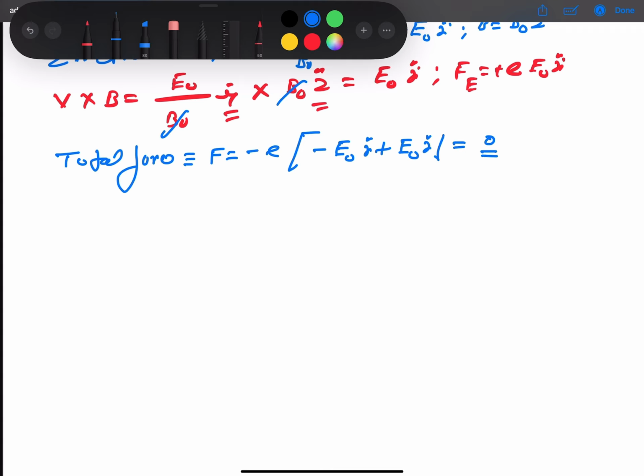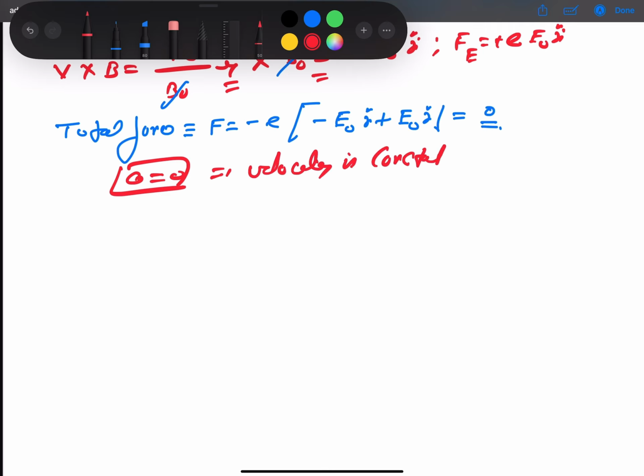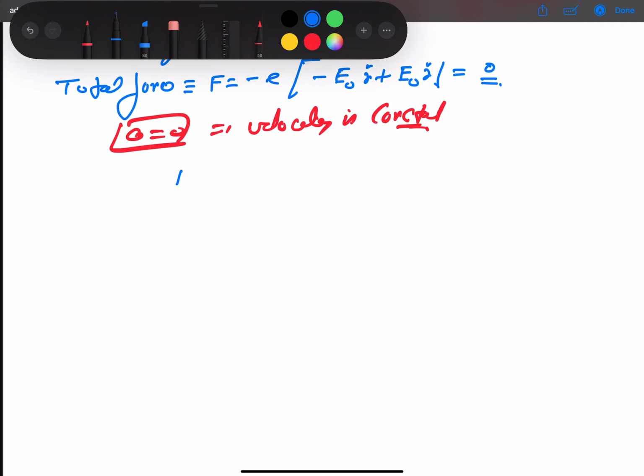This comes as 0. So it means our acceleration will be equal to 0. So this means velocity is constant. So this option is correct.